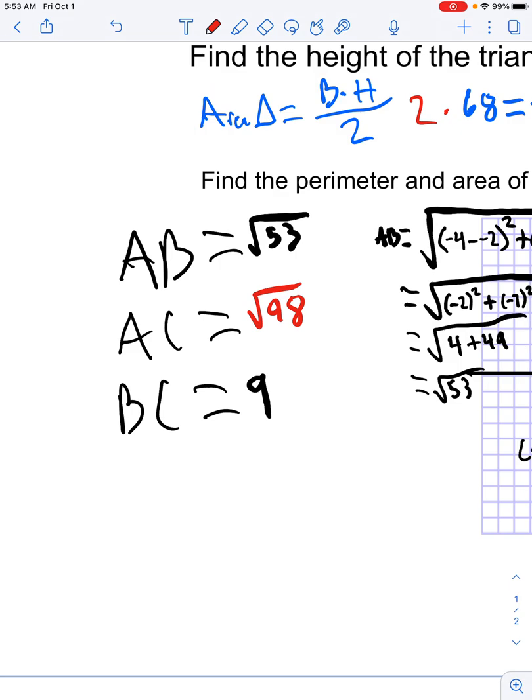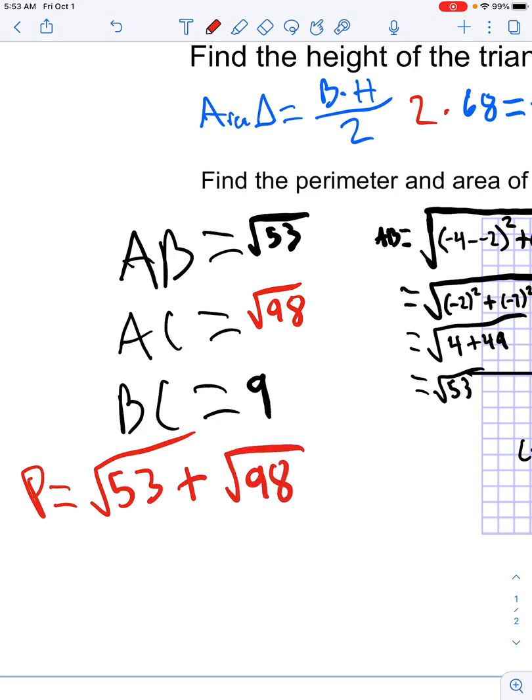Again, for perimeter, I'm going to take all my sides and add them up. And I would recommend using a calculator. The square root of 53 plus the square root of 98 plus 9 is going to give me 26.1796.